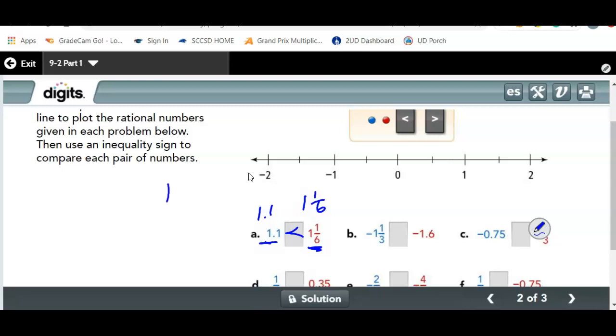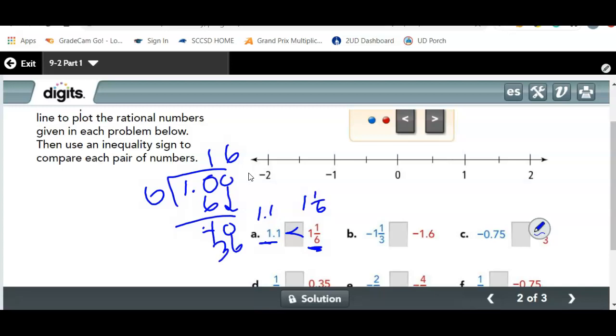Good. 1 divided by 6. 6 goes into 1 zero times, so add a decimal point. 6 goes into 10 one time. 1 times 6 is 6, we get 4, bring another 0 down. 6 goes into 40 six times.